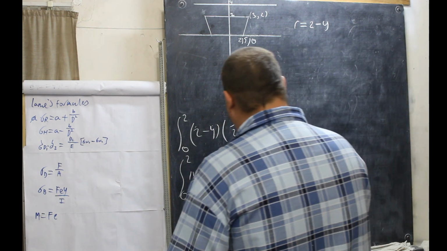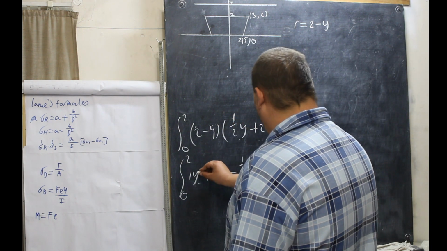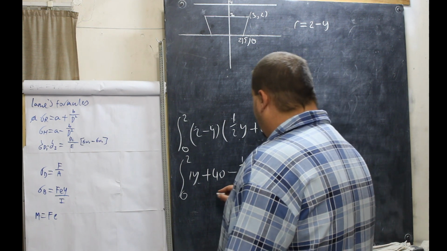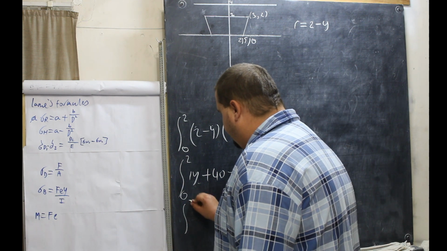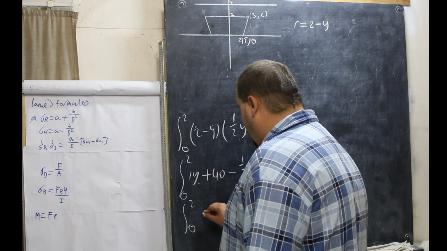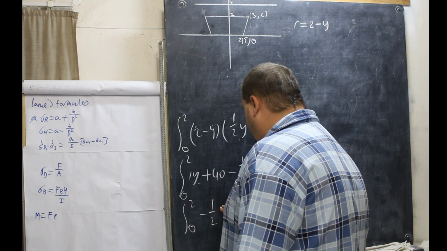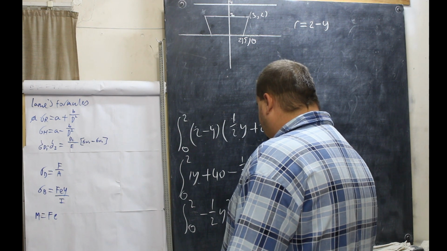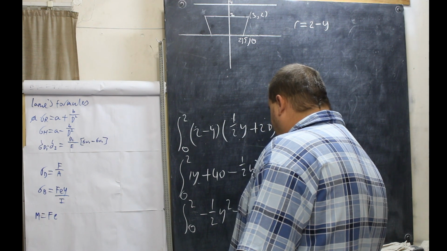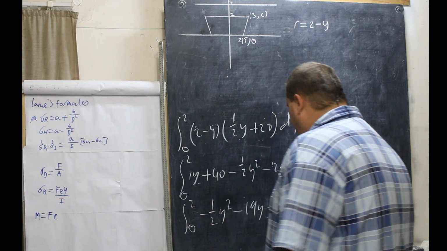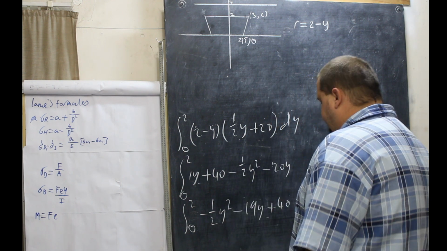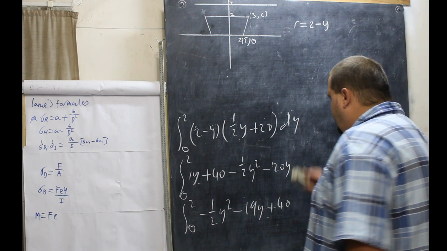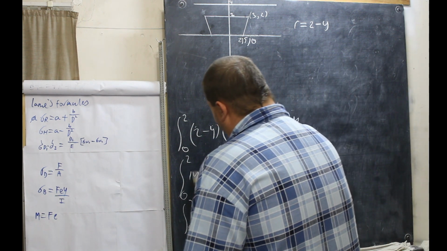Alright, let's clean this up. 1y minus 20y. So this is the integral of 2 and 0 of minus a half y squared minus 19y plus 40. So now we can integrate.